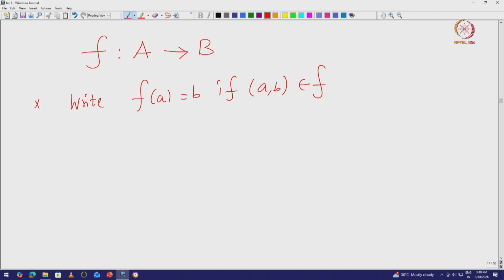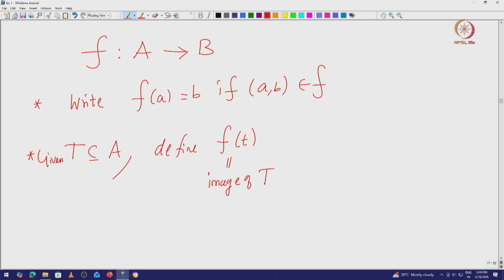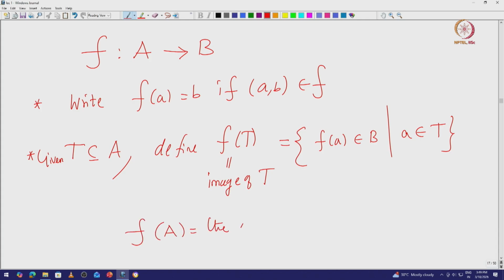Now, given T a subset of A, we can define f of T, or sometimes it is also called the image of T. I am talking about f of capital T, and this is defined to be the collection of all possible f of a inside B such that a comes from capital T. In particular, f of a is the image of a under f. Okay.